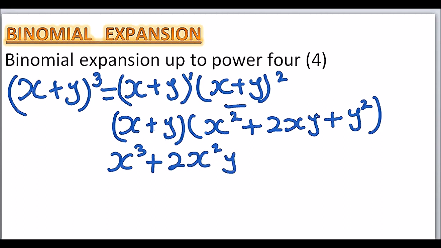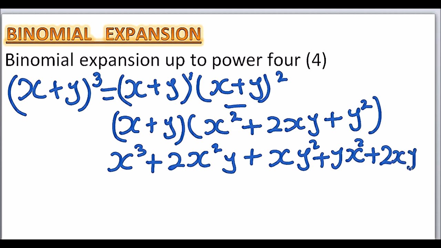Then x multiplied by y squared, we get xy squared. Then y multiplied by x squared, we get yx squared, plus y multiplied by 2xy, we get 2xy squared, and finally plus y multiplied by y squared, we get y cubed.